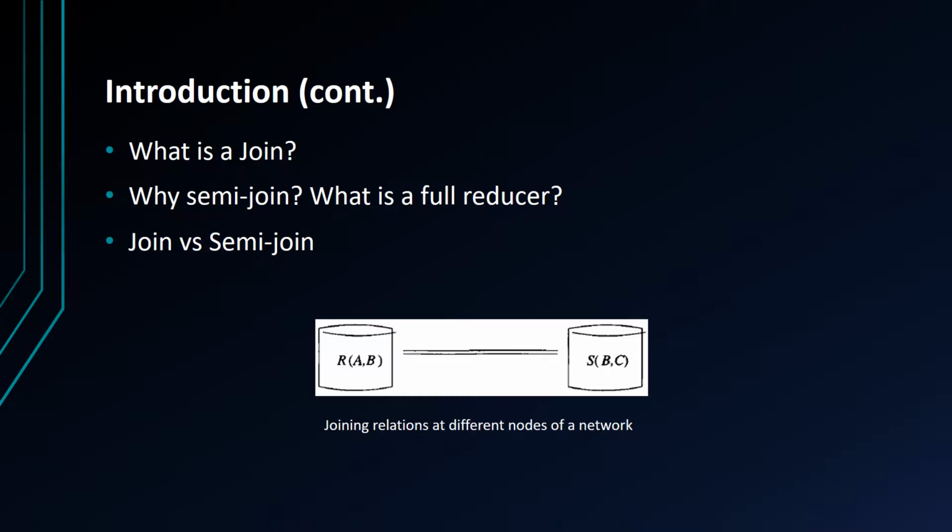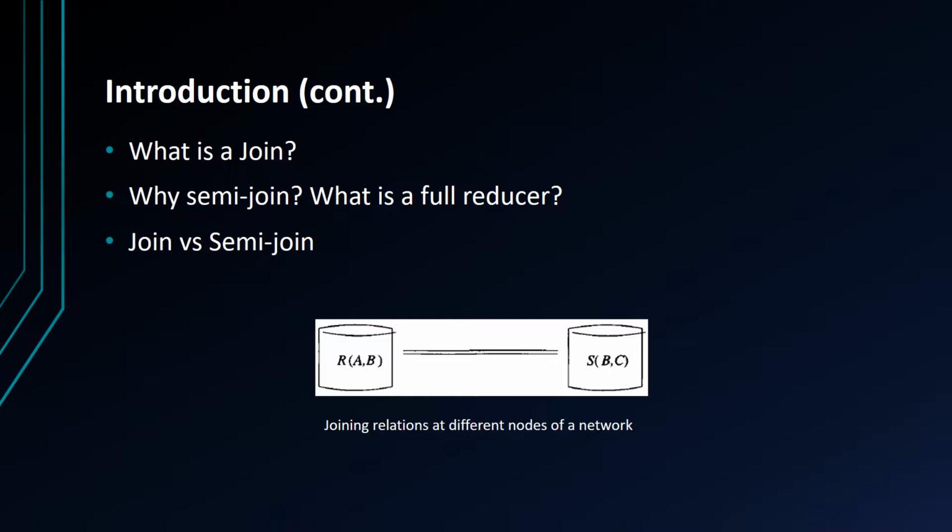Like if we have five relations R, S, T, U and V, then if we perform a finite sequence of semijoins like R semijoin S, S semijoin T, T semijoin U, U semijoin V, like this, then we can stepwise get rid of the dangling tuples.